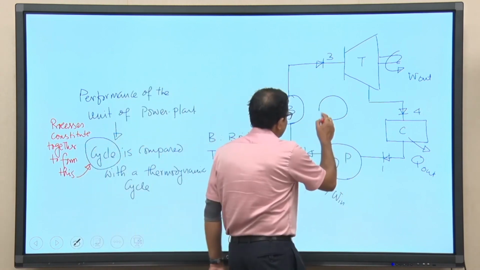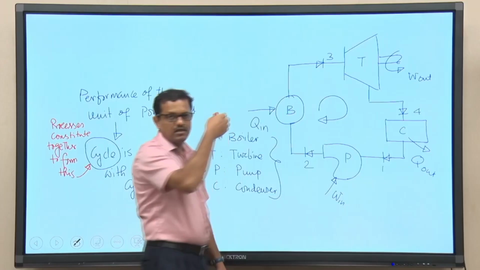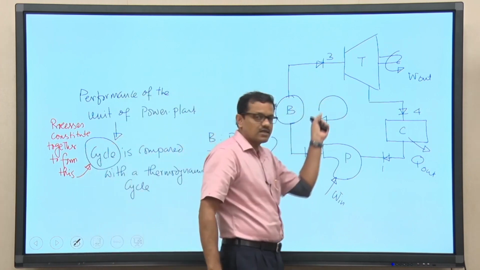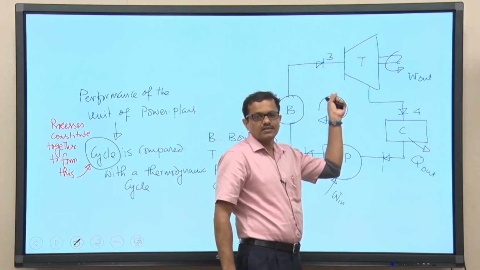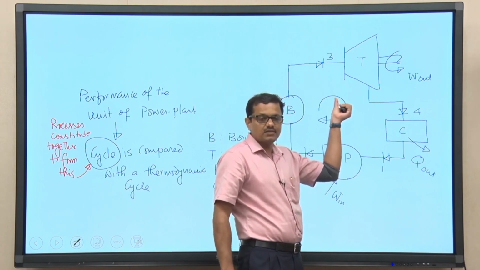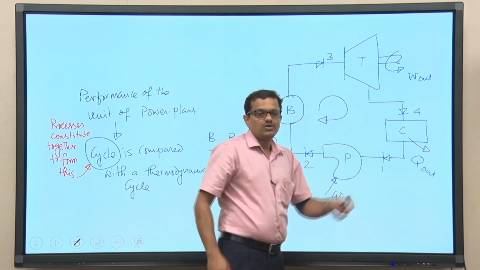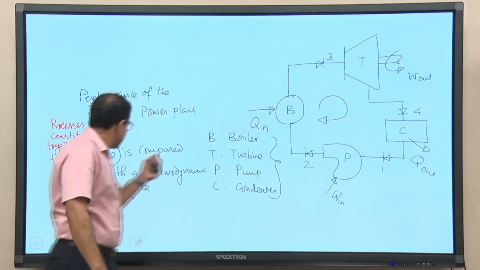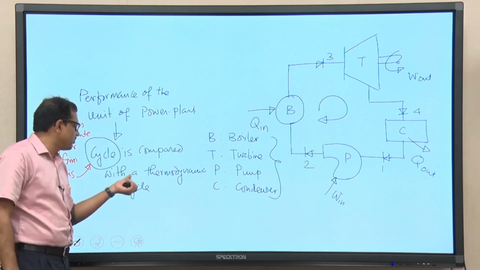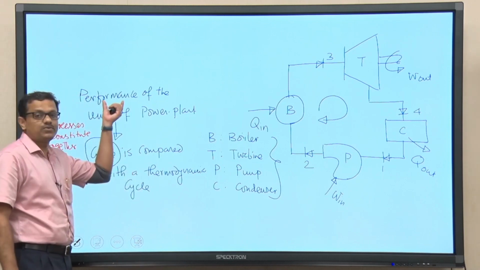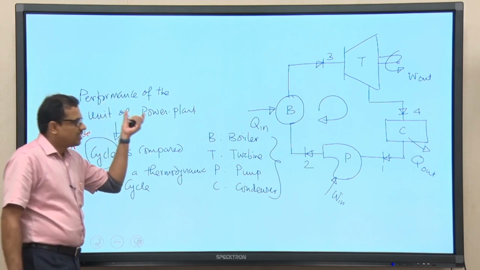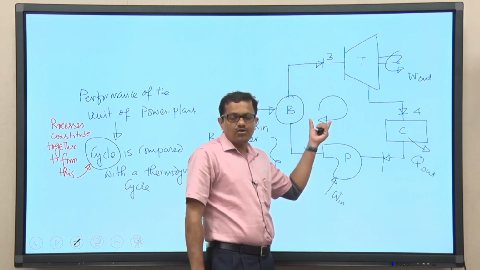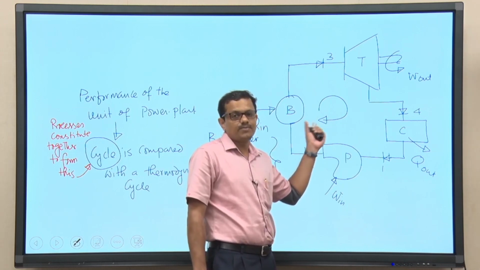So, here this symbol represents that the working substance undergoes all the processes in a cyclic manner. The working substance undergoes several processes following this cycle, and that cycle needs to be compared with a thermodynamic cycle essentially to obtain the performance of this plant. Because you know that in a power plant, our first and foremost objective should be to measure the performance.